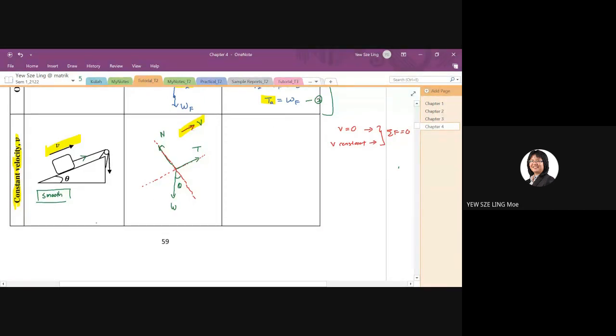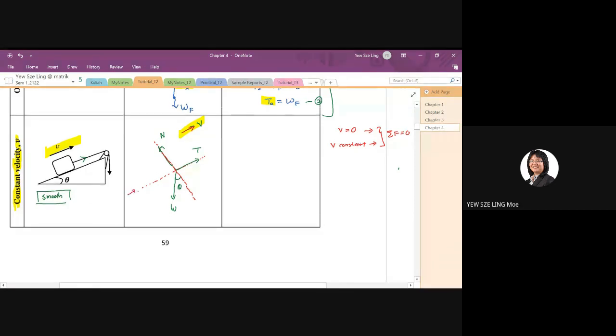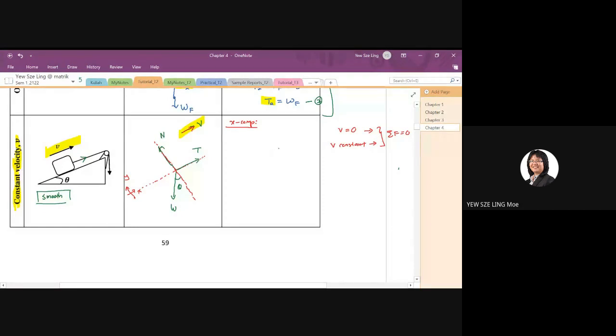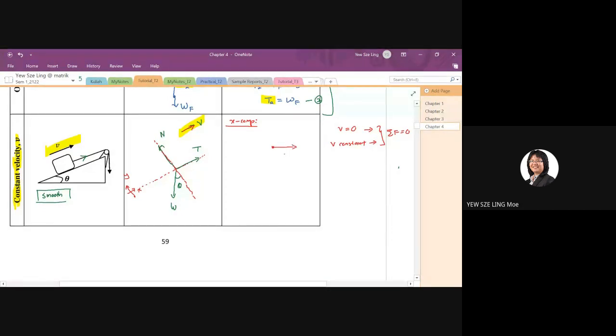Now that I have an inclined surface, I'm going to use this inclined surface as my x component, and the component perpendicular to the inclined surface as my y component. Again, I'm going to form equations for the x component. For the x component, I have tension going to the right. Then what else?